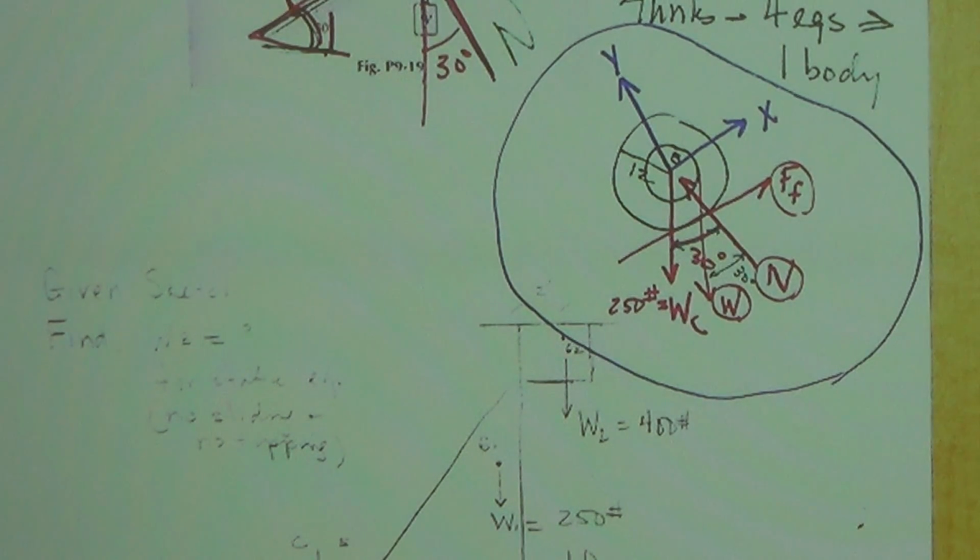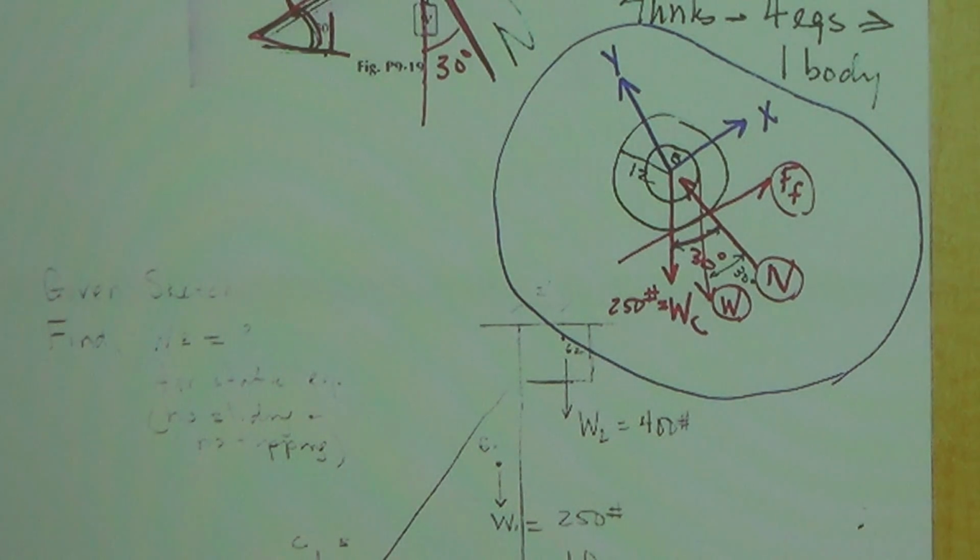Okay? Now, it says mu is 0.577. So that means it's in static equilibrium, right? Talk to me about mu being less or greater. Enrique? If mu was lesser, then it would start sliding down.